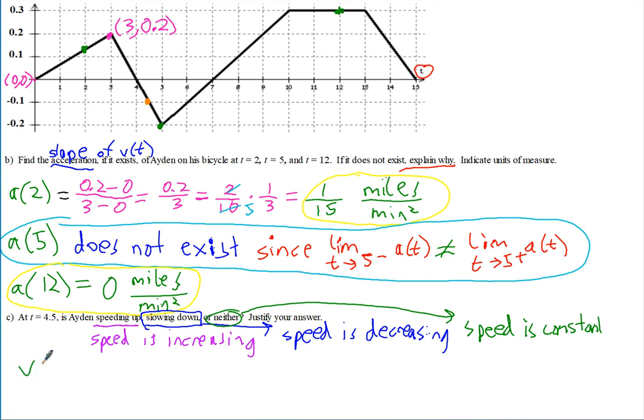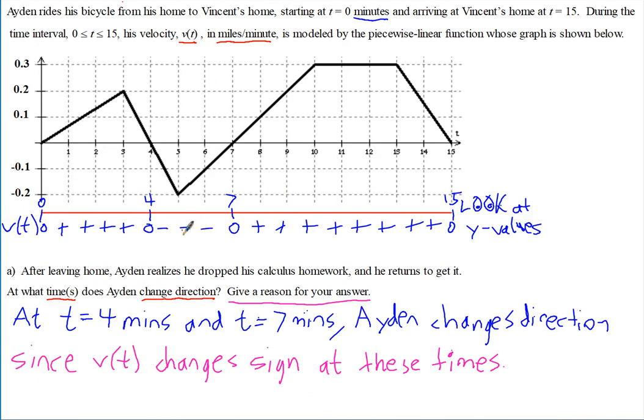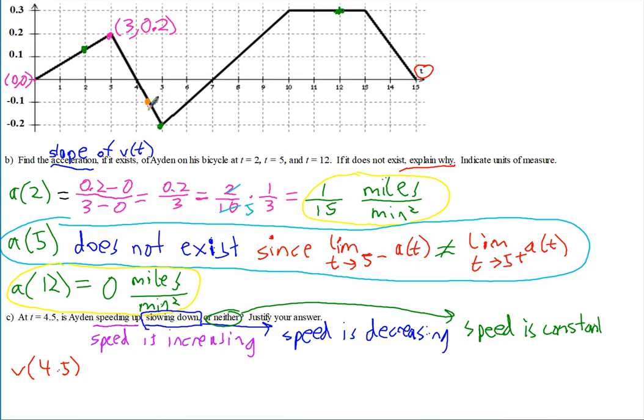So the velocity of 4.5, you don't have to get the exact value. We just need to know if it's positive or negative. So v of 4.5, you can see even on our number line here, velocity was negative here because it's below there, so that's less than 0, looking at the y value right there.